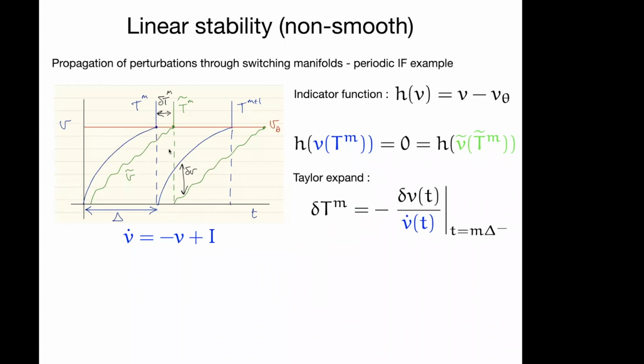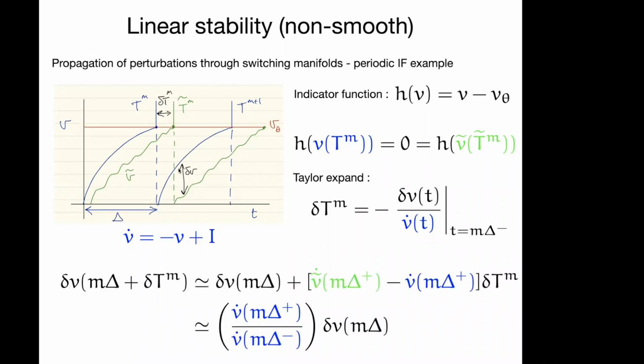You can also ask the question, the perturbation here, just after firing, how does it relate to the perturbation here? How do I jump across the only non-smooth dynamics in the system? Again, Taylor series expansions help you. You can expand the deviation here in terms of the deviation before the event, in terms of these differences in the velocities after the event.